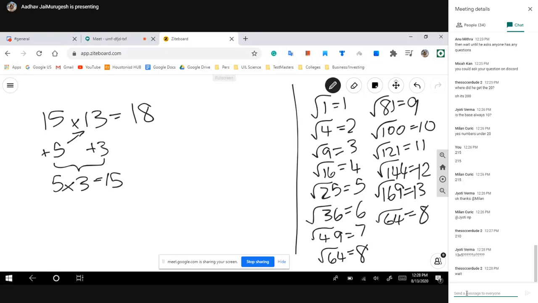And we're gonna add 15 to 18 in a special manner like this. First you would get a 5 over here, you would get a 9, and you would get a 1. So the answer to 15 times 13 is going to be 195.